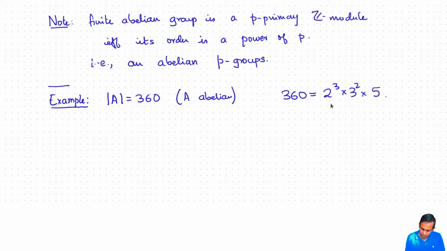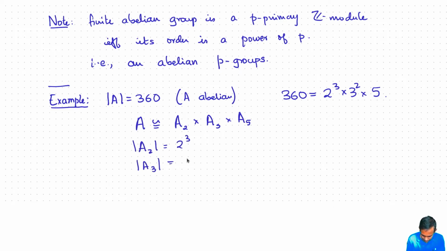So there are 3 primes occurring in its primary decomposition. So A is isomorphic to A2 cross A3 cross A5, and the order of A2 is 2 cubed, the order of A3 is 3 squared, and the order of A5 is 5.